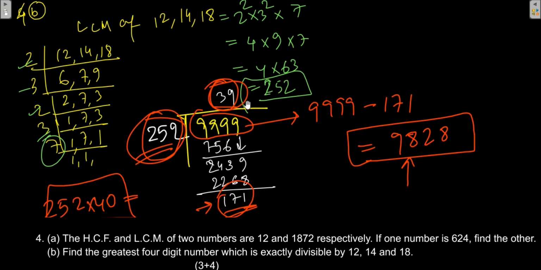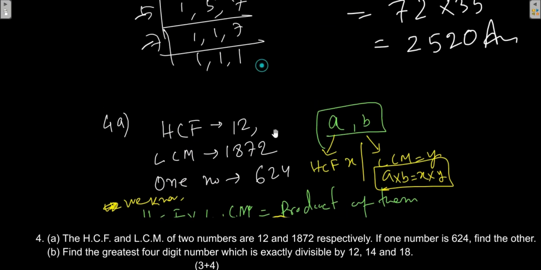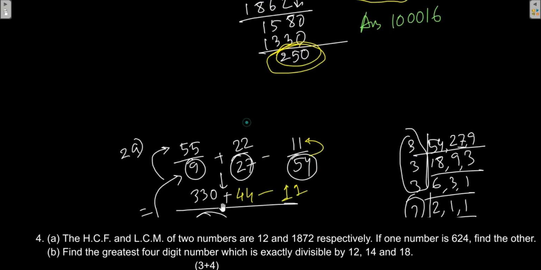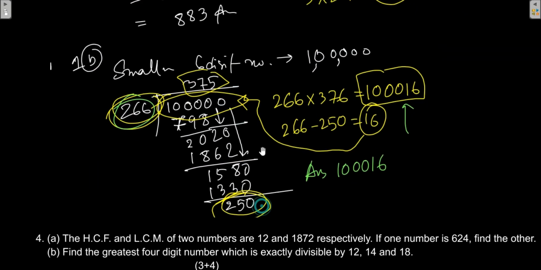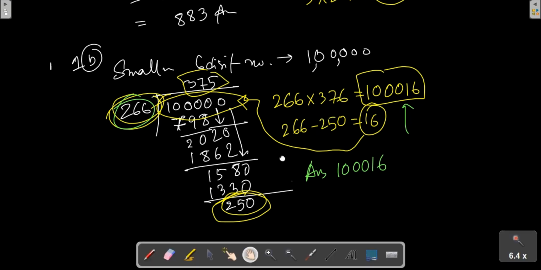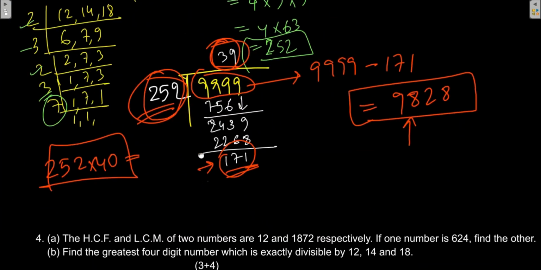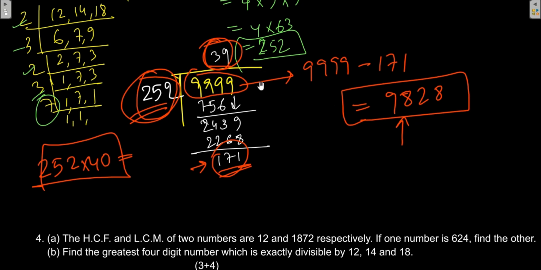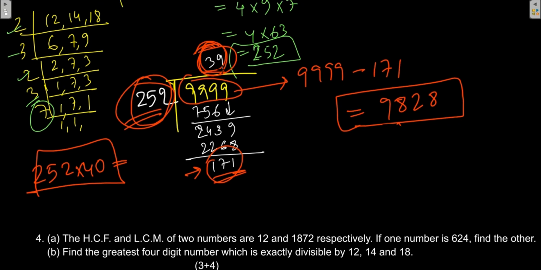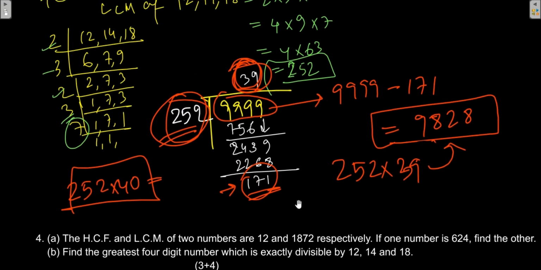So that's why we went for the next one, because if we subtract, then that 6-digit number would become a 5-digit number. So we can't subtract. That's why we have to go for the next number, that is 376. Understood? Here we are already at the highest form of the number, so we can't add more. If you want to do the sum in the same manner, you just multiply 252 with 39 only, and you will get the same answer. I hope all of you have understood.